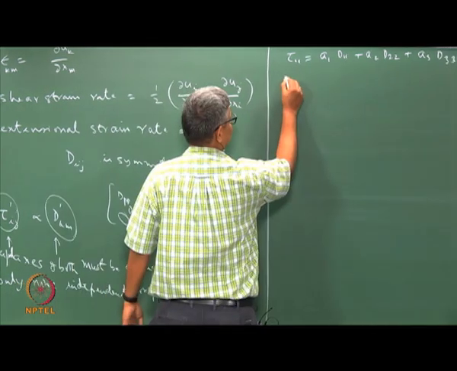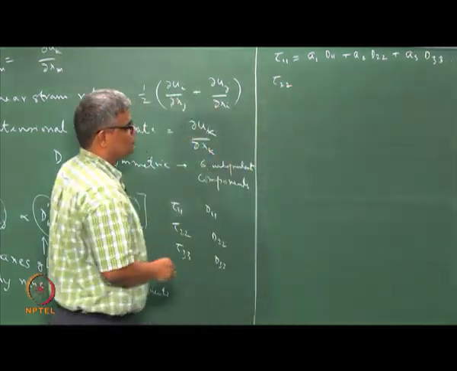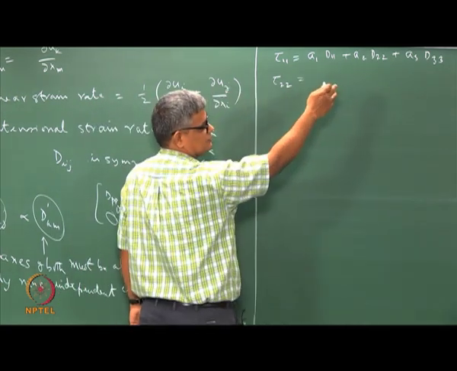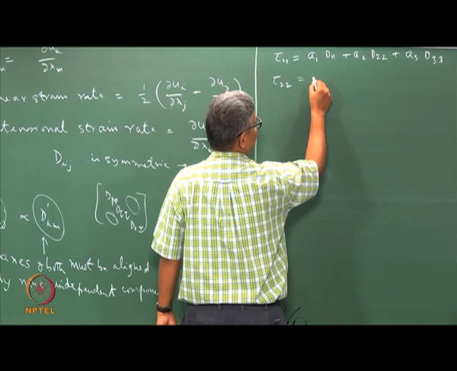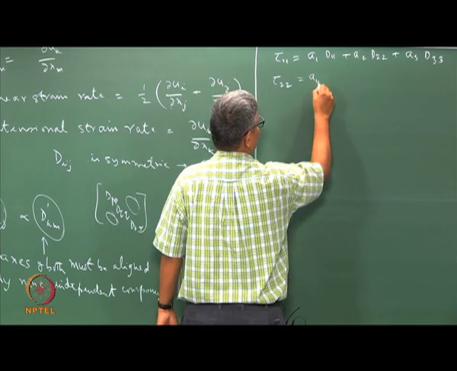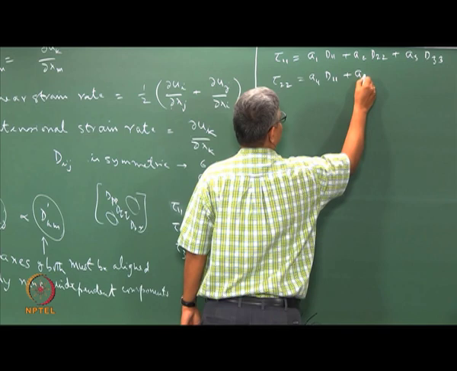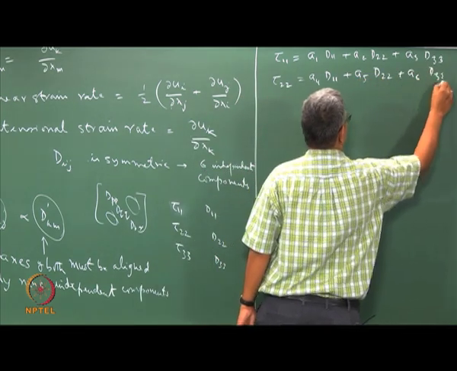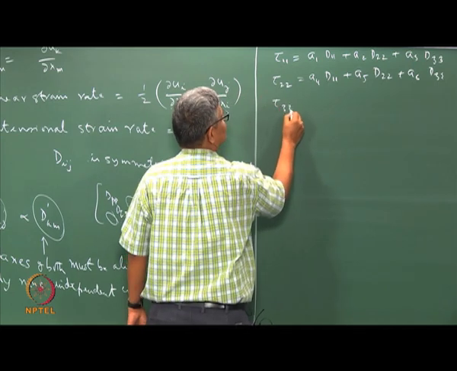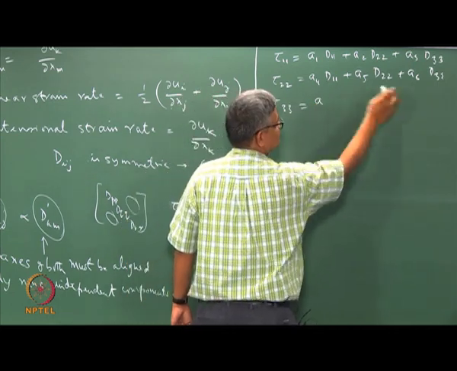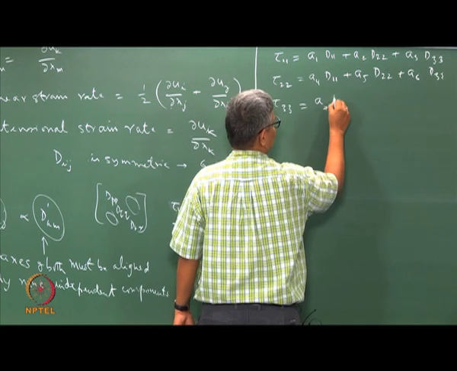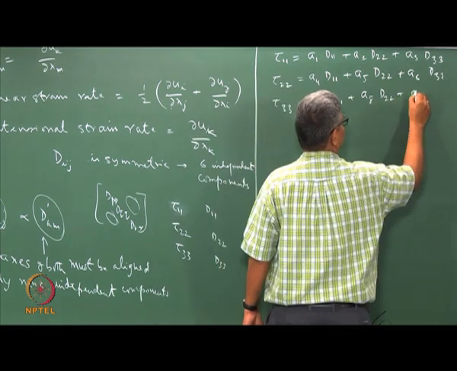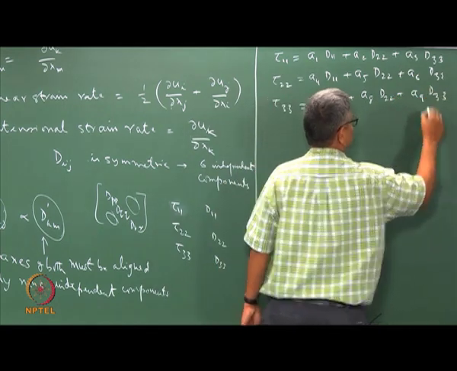Okay. Similarly, we can say that tau 22 is also related only to the same d1, d2, d3, but using a different set of constants. For example, a4 d11 plus a5 d22 plus a6 d33, and tau 33 is also written in terms of the same things. So, you have a7 d11 plus a8 d22 plus a9 d33.